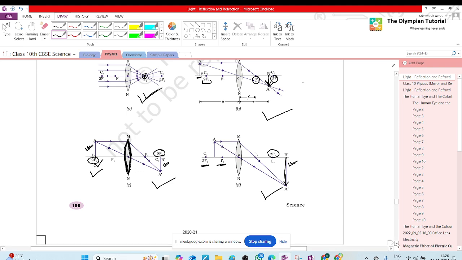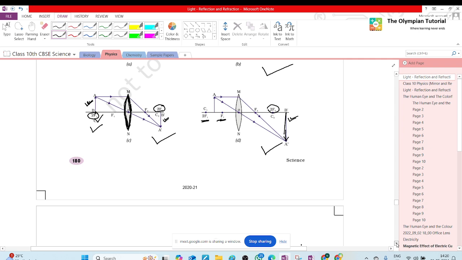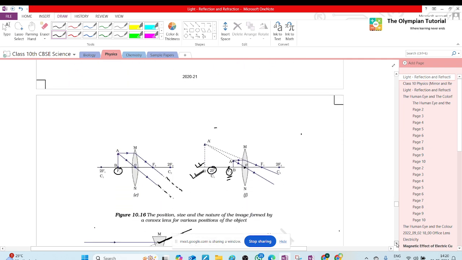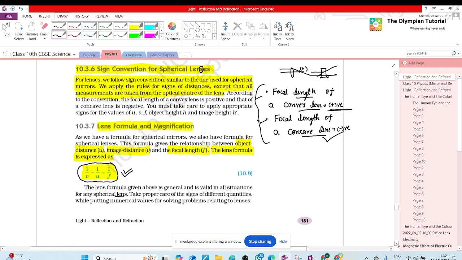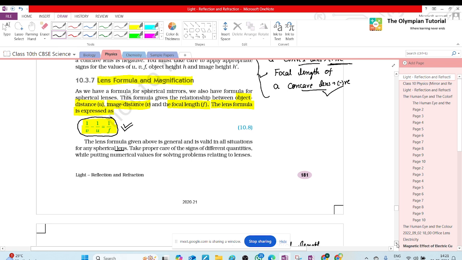Ma'am, I think my doubt was with the focal length only, because everything else is similar to mirrors. Actually, Thanya, it is completely related to coordinate geometry, nothing else. I wanted to know why we consider only that side of the focal length. Now you got the point.